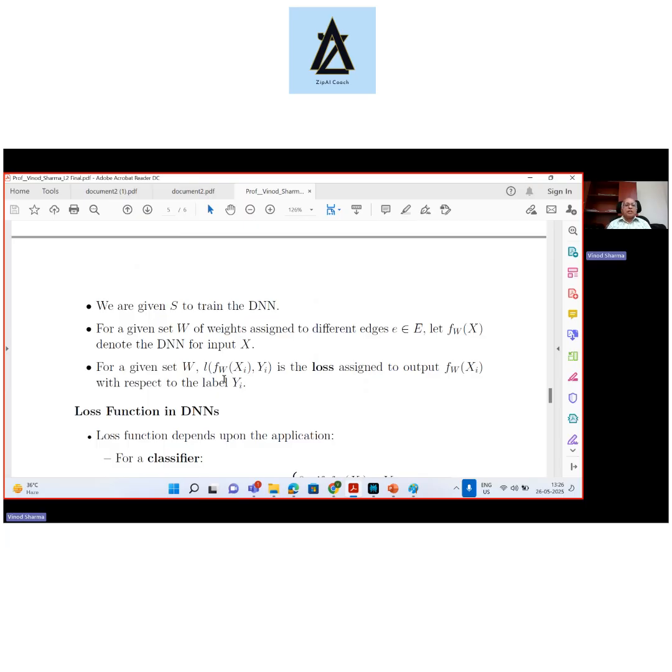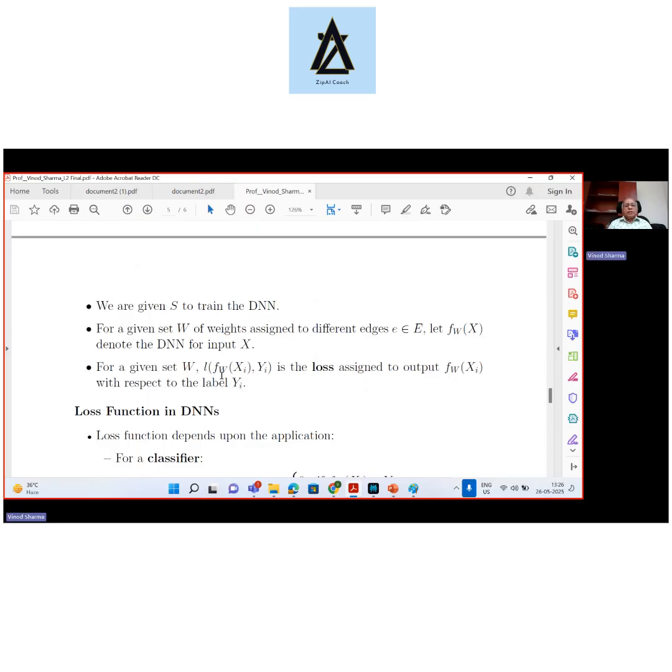For a given W, we denote the output of this neural network as fW(xi). Given the training sequence, corresponding to this xi we have the actual label yi. So if I fix W, fW(xi) is the output of that neural network, and we compare that output with the actual label yi of this image xi.